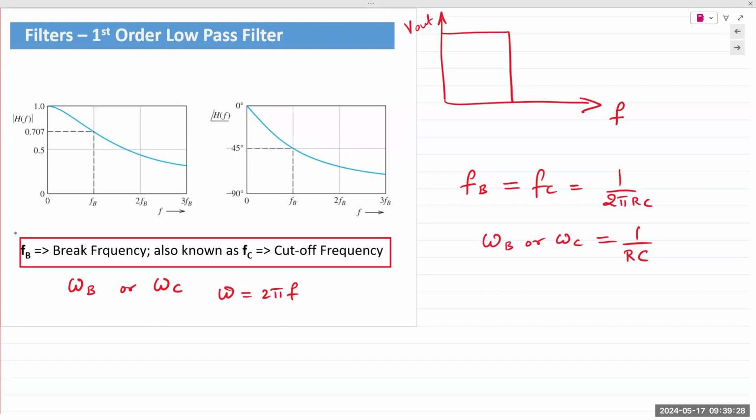Then all values below the break frequency will be allowed to pass, and all values above it would be blocked.